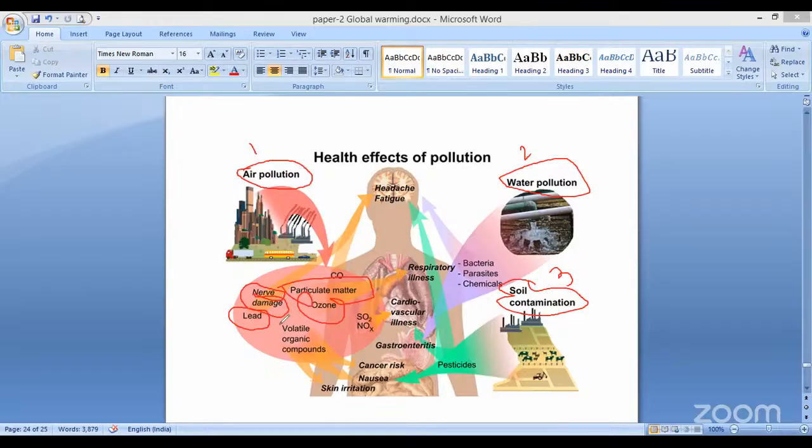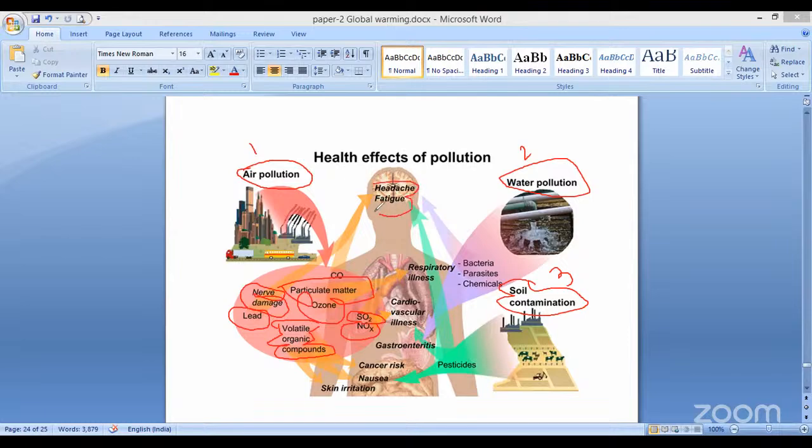Then the next, third one, is volatile organic compounds, sulfur and nitrogenous compounds also. Nerve damage, as well as headache and vertigo.